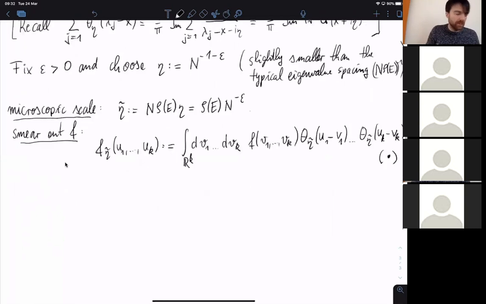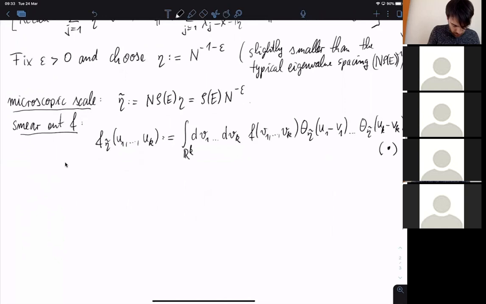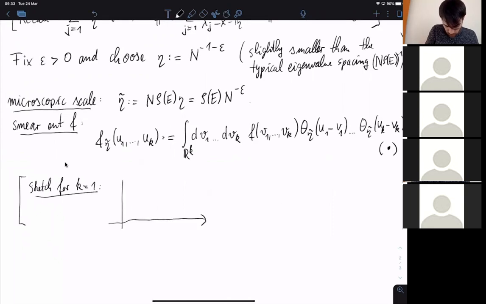And maybe just as an idea, in some sense this theta eta always averages over a small interval. So maybe as a sketch, for k equal to 1, you might start with some function f, which oscillates quite rapidly. Something like this, this is maybe the function f.